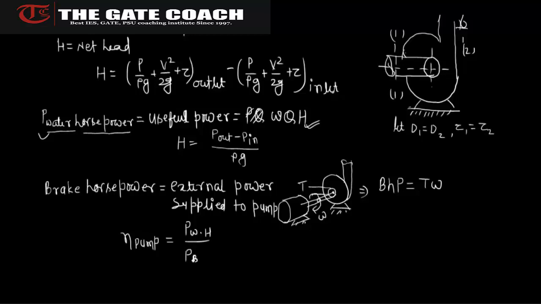So this is the efficiency of the pump. The water horsepower is WQH, and the shaft power, that is the brake horsepower, is T into omega, the torque times the angular speed. So this is defined as the efficiency of the pump.